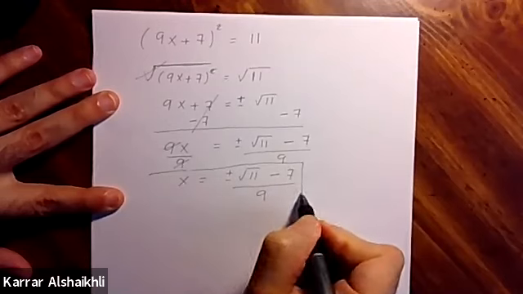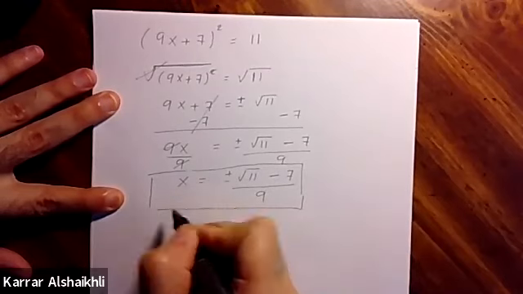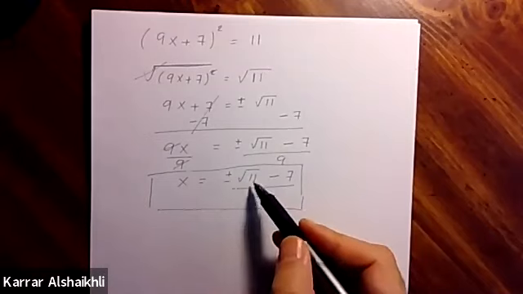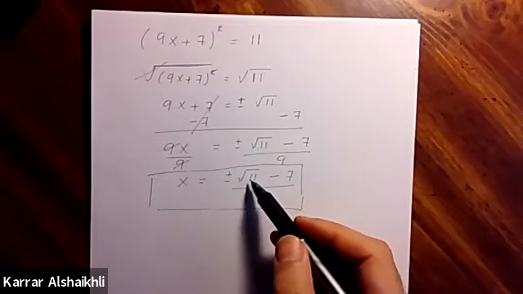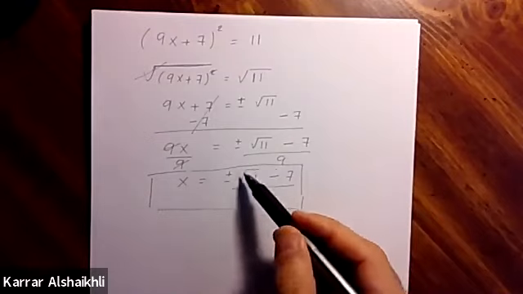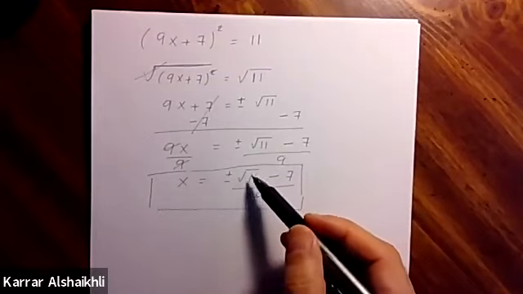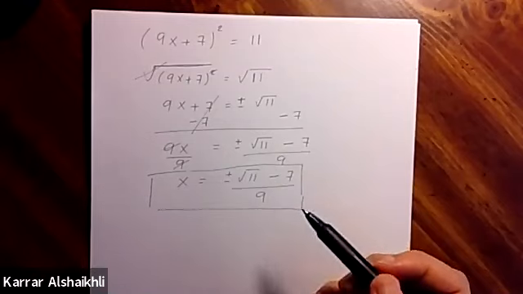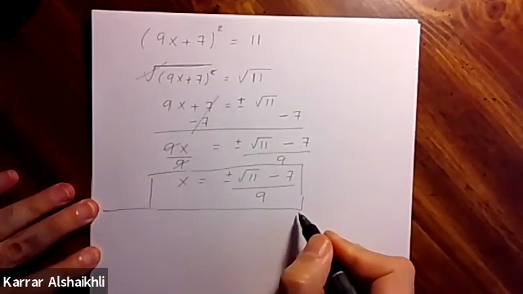That's it. This is going to be the solution because you can't write down a decimal, but you can write it exactly like this: plus or minus square root of 11 minus 7 over 9 is going to be the solution.